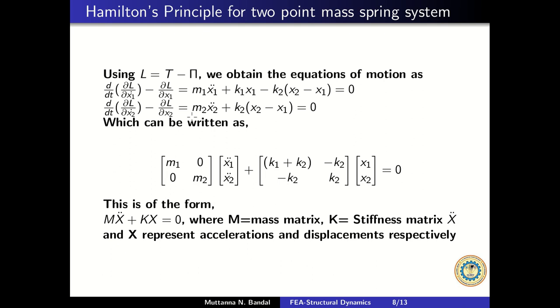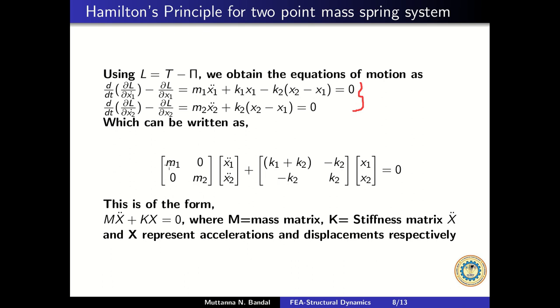Similarly, if I consider a mass m2, m2 into x2 double dot, the acceleration of mass m2, plus the energy stored in the spring k2, that is k2 into (x2 minus x1), is equal to 0. Now these two equations can be written in a matrix form as m1 into x1 double dot.